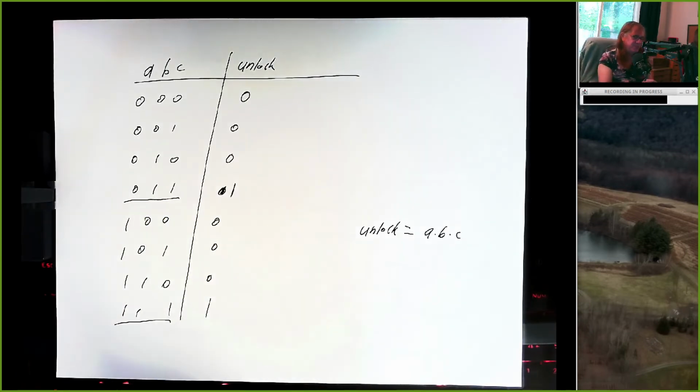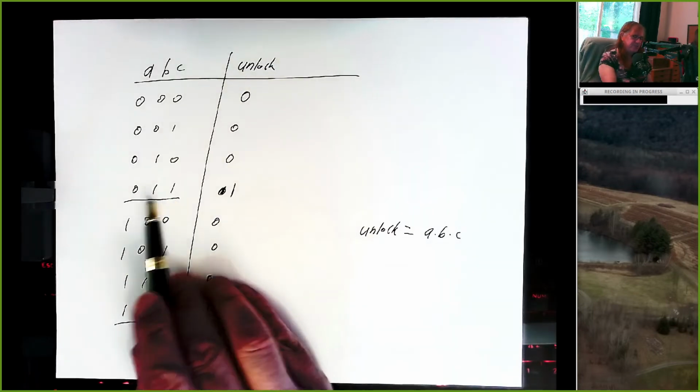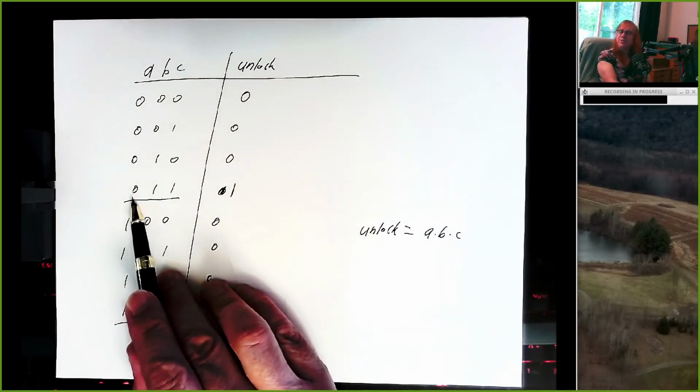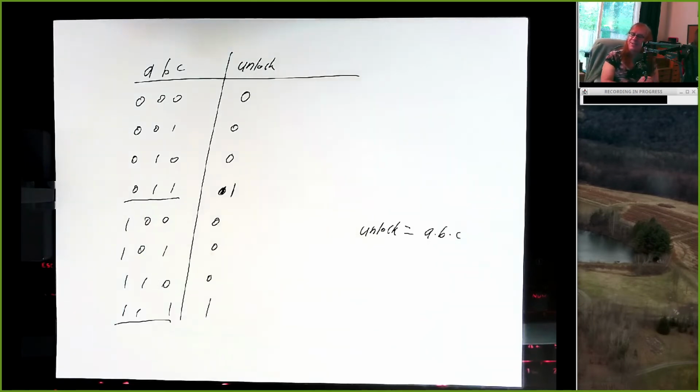We want the output to be true when this is a 1 and this is a 1, but also when this is a 0. So yeah, someone jumped ahead in chat, and you are correct, we could just do B and C. But let's suppose we don't have that insight. Let's be really kind of mechanical about this.